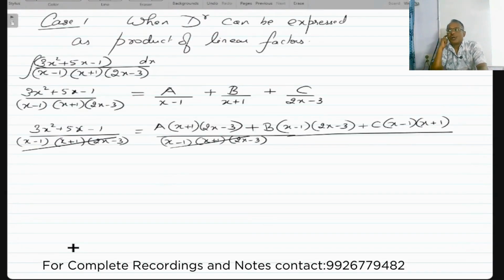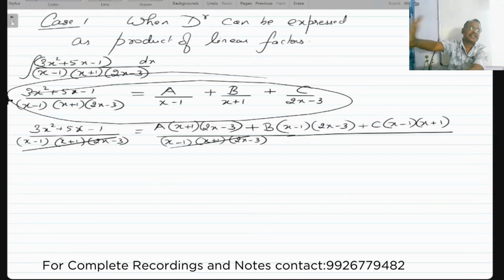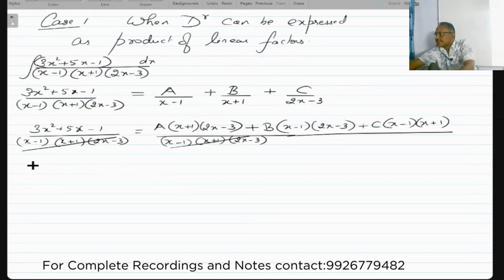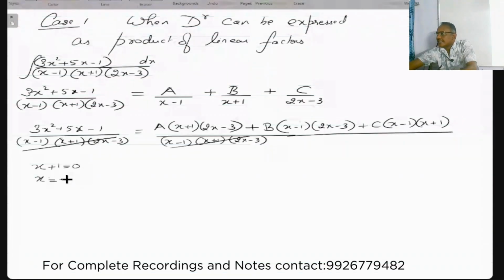Now the process of finding the values of a, b, c. Beta, this expression has to be valid for all x's, no? So why not put x plus 1, which is here, as 0? I will get the value of x as minus 1.